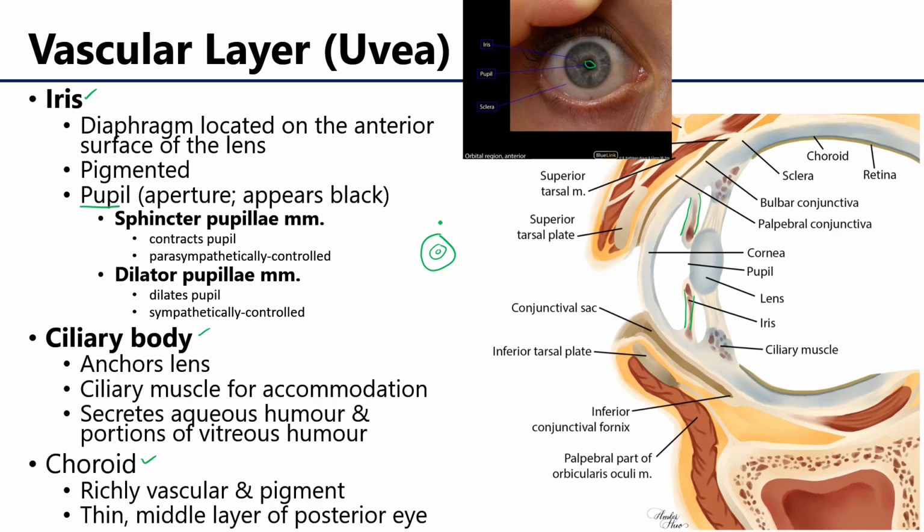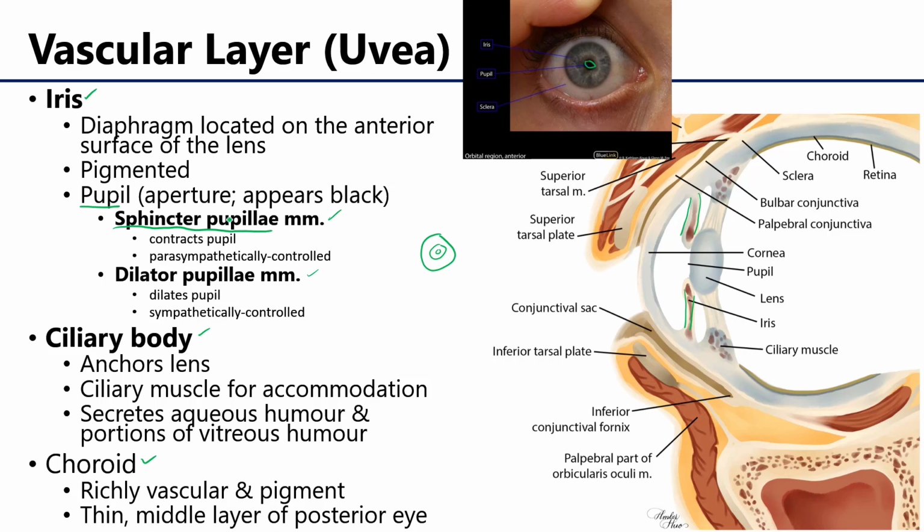So there are two sets. There are sphincter pupillae muscles and dilator pupillae muscles. Sphincter pupillae muscles, as the name might suggest, make the pupils more narrow. So it constricts or contracts the pupil. Sphincter pupillae muscles are under the control of the parasympathetic division of the autonomic nervous system, with preganglionic parasympathetic fibers coming from the oculomotor nerve, cranial nerve 3, which we'll discuss.